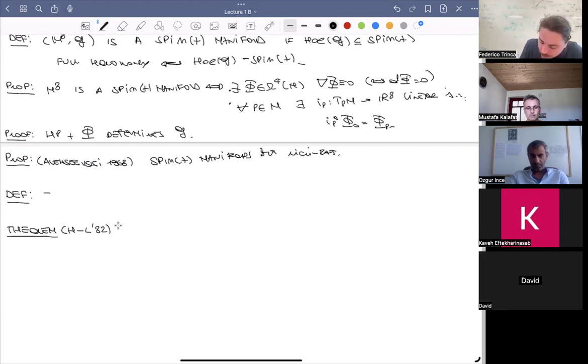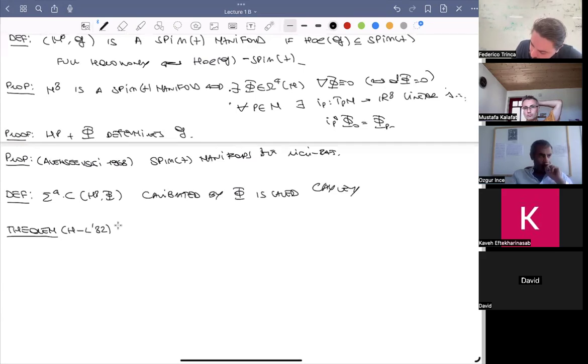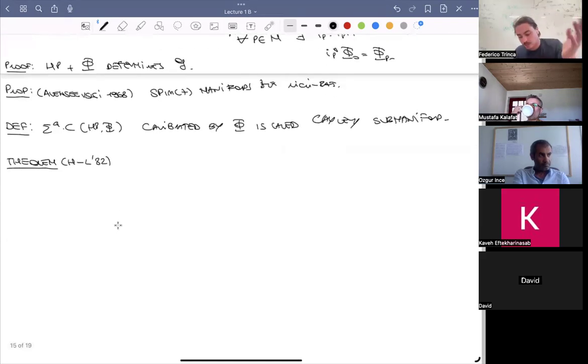A four-dimensional submanifold of M calibrated by phi is called a Cayley submanifold. And once again, we have a local existence and uniqueness theorem.